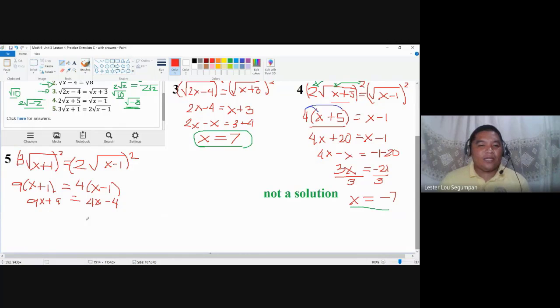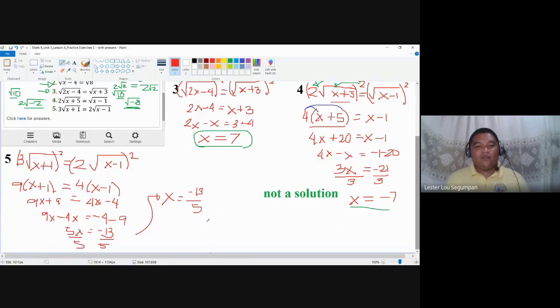And then we try to simplify both sides. So you have 9x minus 4x is equal to negative 4 minus 9, and you have 5x is equal to negative 13. Divide both sides by 5. You will have here as value for x, negative 13 fifths.